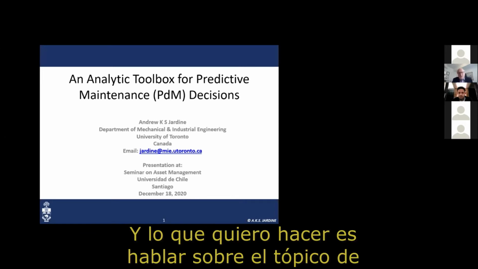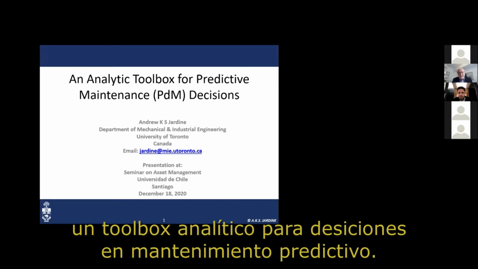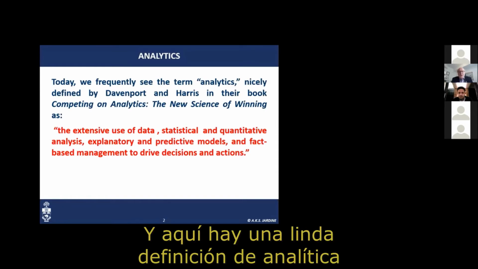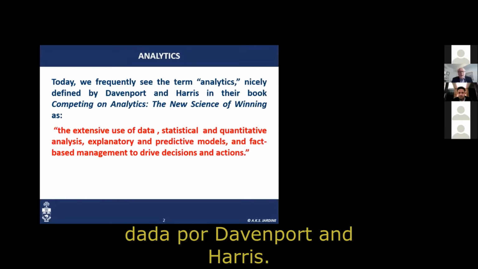And what I want to do is speak about the topic of an analytic toolbox for predictive maintenance decisions. Well, we all have heard the term analytics. And here's a nice definition of analytics given by Davenport and Harris.